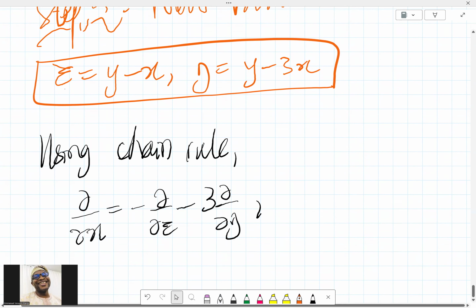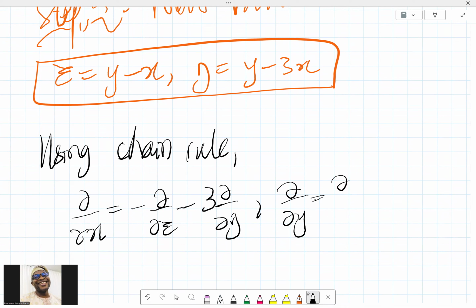For the other one, partial y will just be partial psi, and partial y of eta is 1, so we just have partial eta.